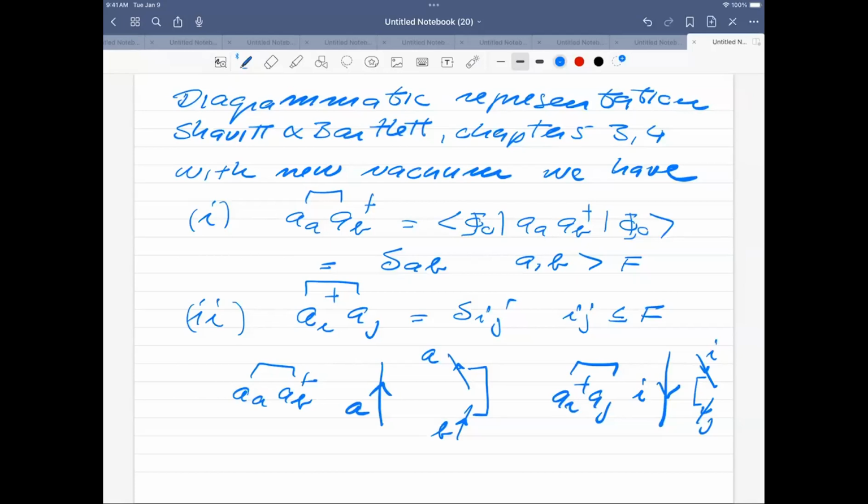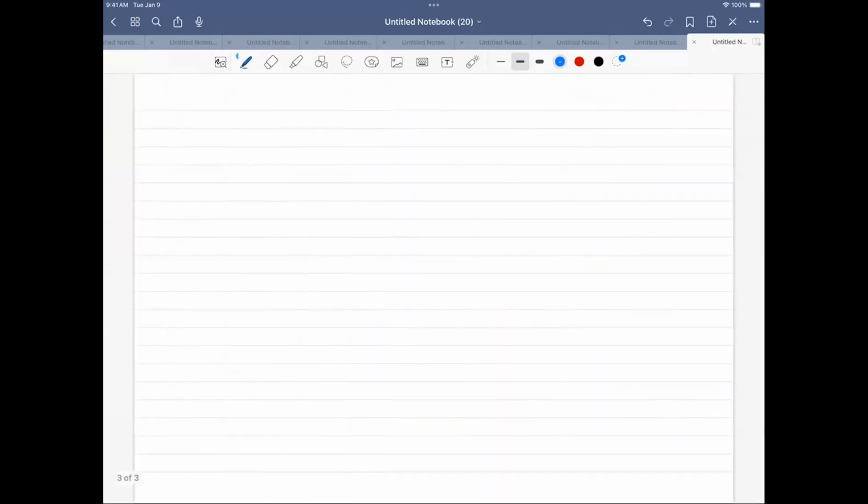So let's take a look now at a specific state, which we would use to calculate, let's say, an expectation value. One of the things which I wanted to look at now is the expectation value, or actually the transition probability, between a state with phi of A, and then I take the Hamiltonian.